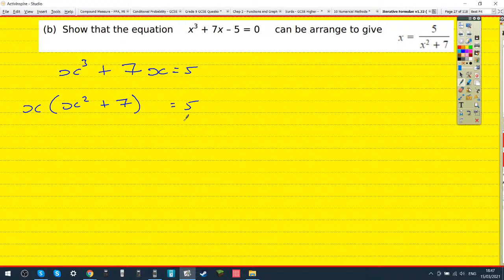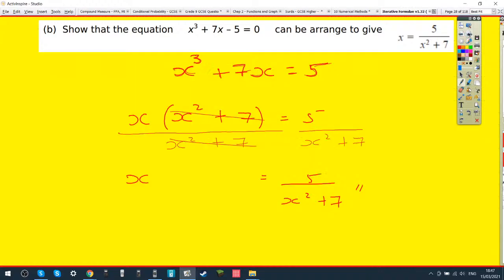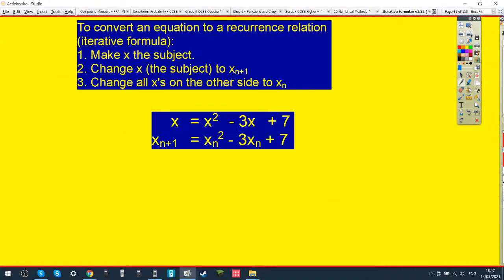And then just do x equals 5 over x squared plus 7. That's great.